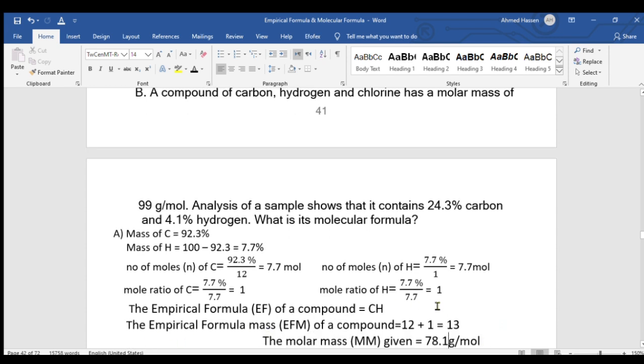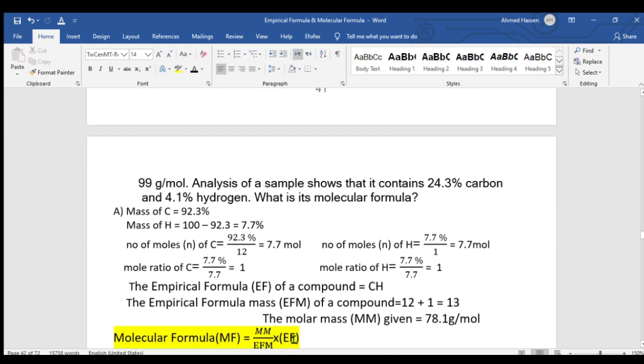The empirical formula mass is equal to the mass of carbon 12 plus 1, which is equal to 13. And the molar mass of the compound given is 78.1 gram per mole. Therefore, to find the molecular formula of the compound, we will apply molecular mass over empirical formula mass times empirical formula. Molecular mass means this one, empirical formula mass means 13.